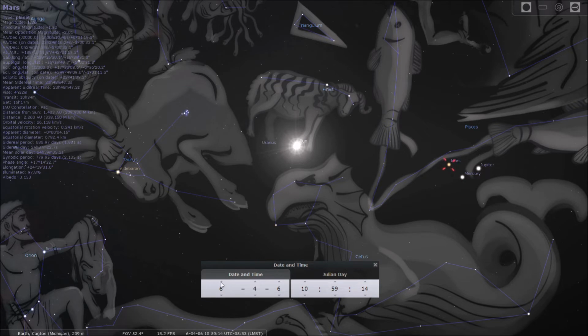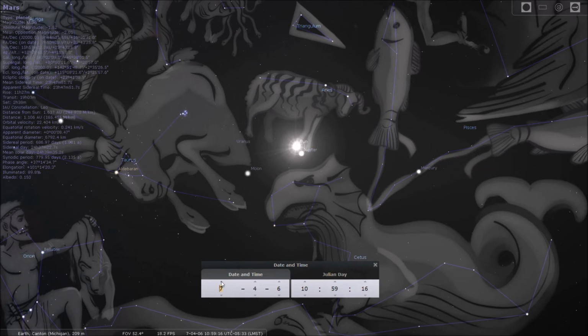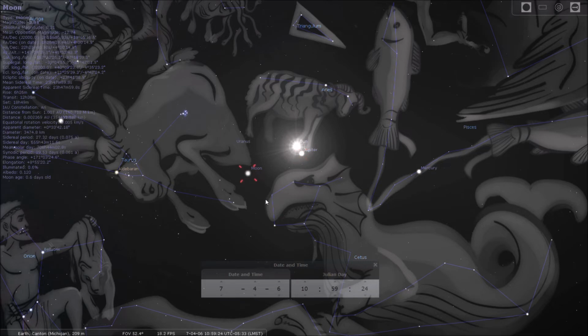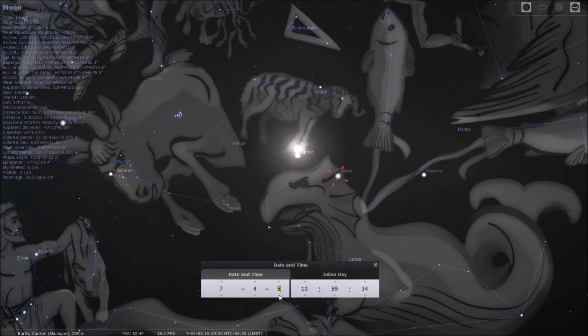And then we have 7. There's Jupiter in conjunction with the Sun. Here's the Moon. Moon is 0.6 days old. It was just in conjunction with the Sun, but still off. No eclipse around this time.